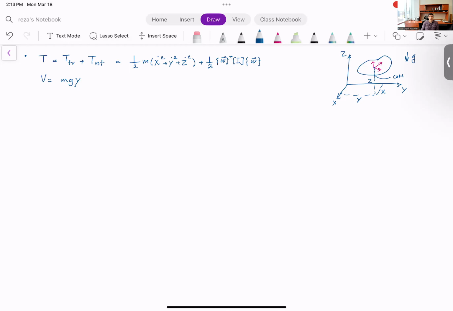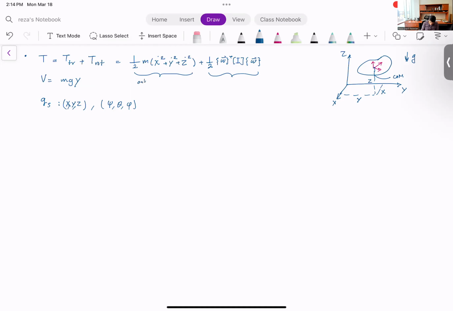So if I take the q's to be the translational ones, x, y, and z, and some rotational variables, let's use the notation psi, theta, phi, so 3 translation and 3 rotation as my generalized coordinates, the translational part of kinetic energy is only a function of translational variables, and the rotational part is only a function of rotational variables.